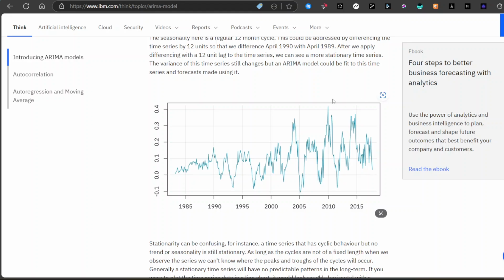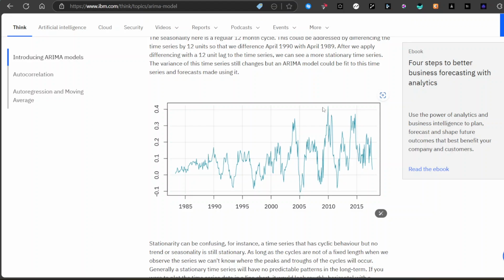The autoregressive part suggests that current values in a data set are influenced by previous values. So in practical terms, this means that past behavior can help predict future movements. It's as easy as that.